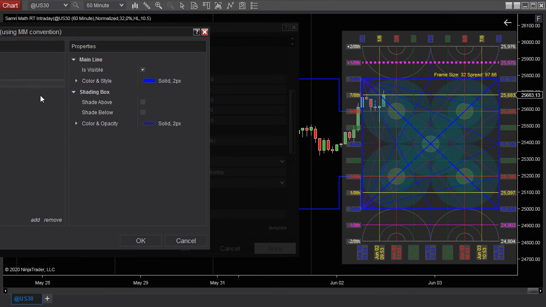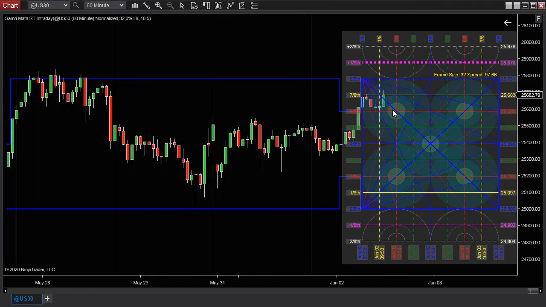Now let's look at shading above and shading below. What this means is some traders have asked me for a stronger visual reminder when, let's say, we are now trading around the yellow line, the 7/8. And the 7/8 is apparently a line where fast reversals can happen, so they want a stronger indication.